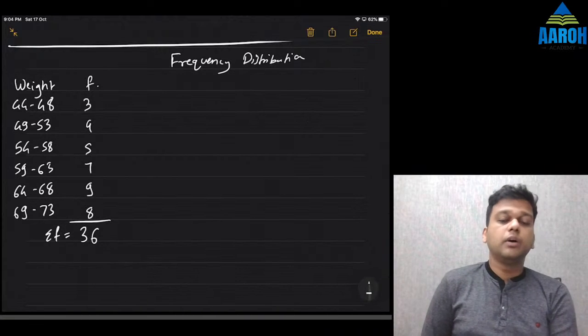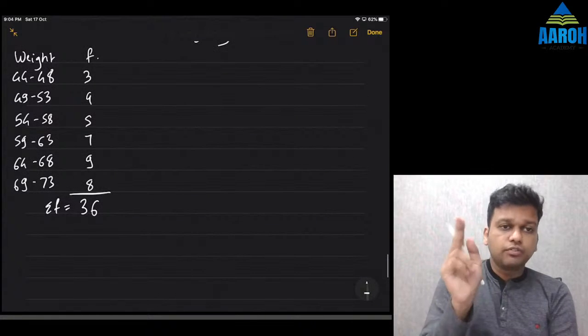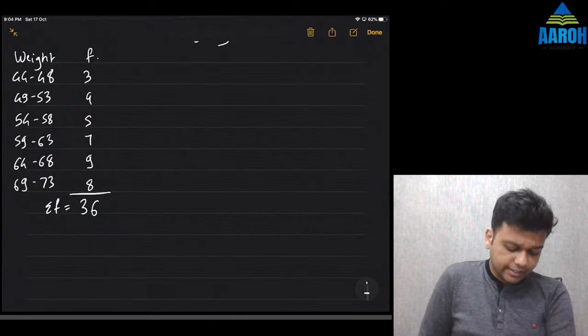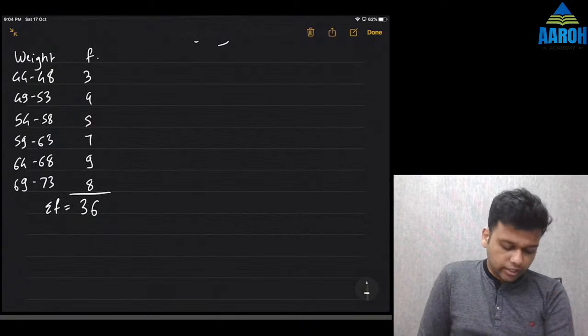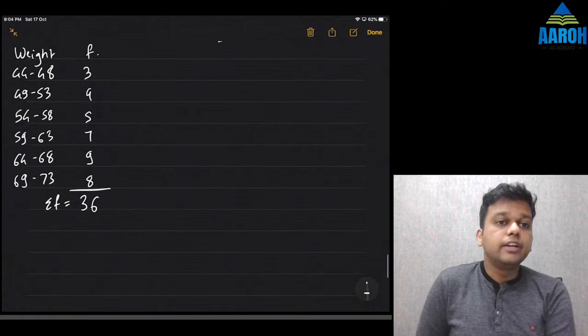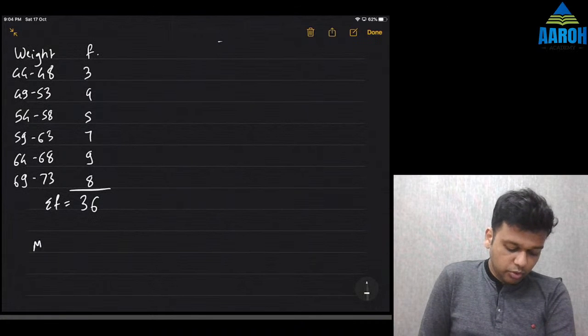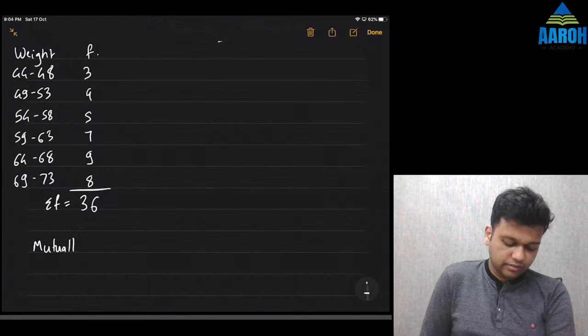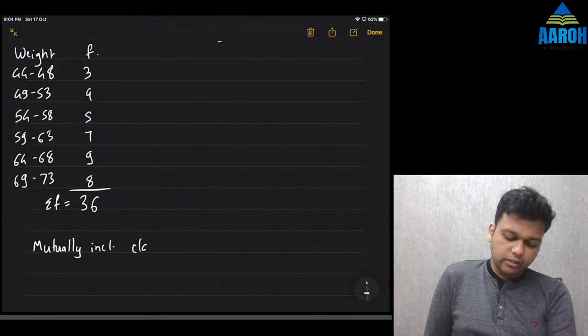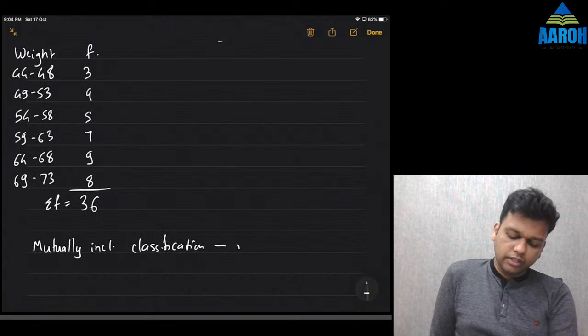Okay. Now understand, these classes right now, 44 to 48, 49 to 53, these are non-continuous. This is called mutually inclusive classification. That means non-continuous or discontinuous.